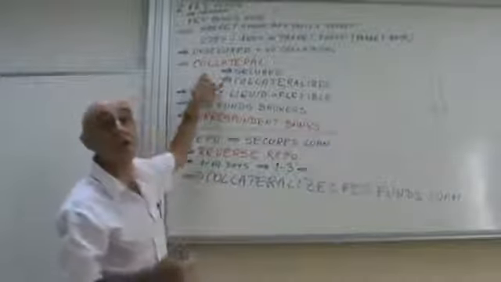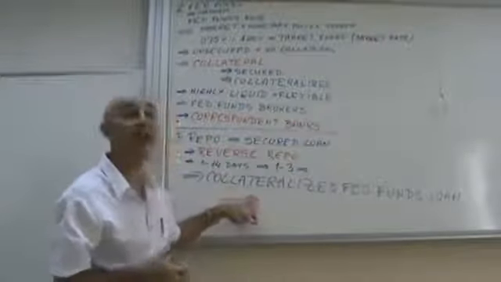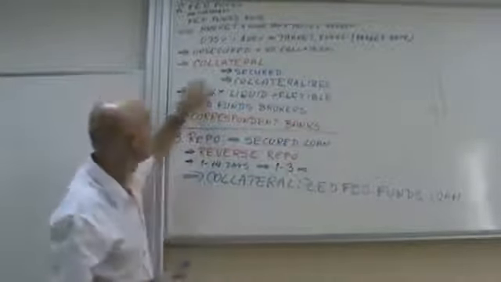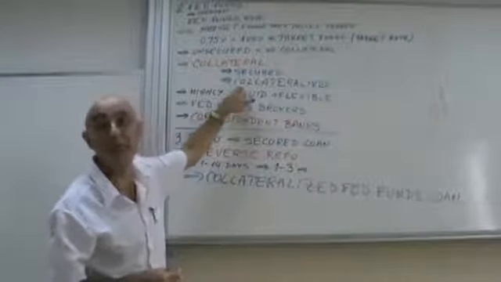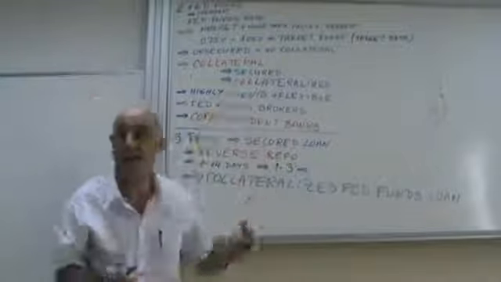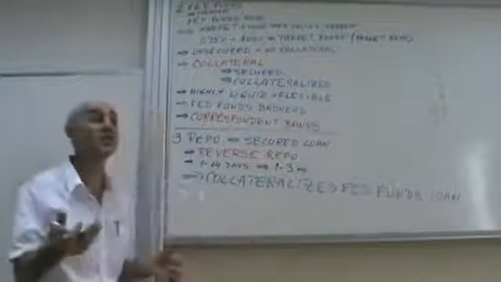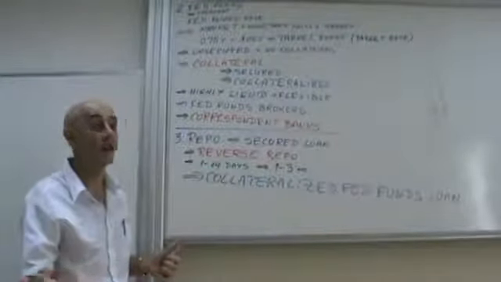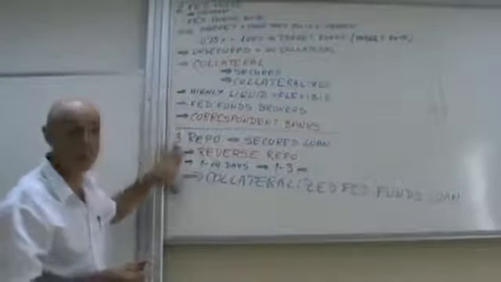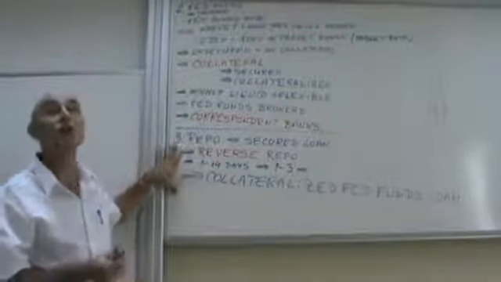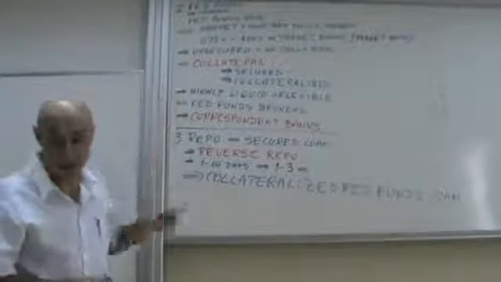In other words, if you feel that you're not secure, you can use a repo to, we say, securitize or collateralize the Fed funds loan. That can happen, and that does happen quite often. So the Fed funds is technically unsecured, but you want to secure it. You use a repo to secure the Fed funds loan.